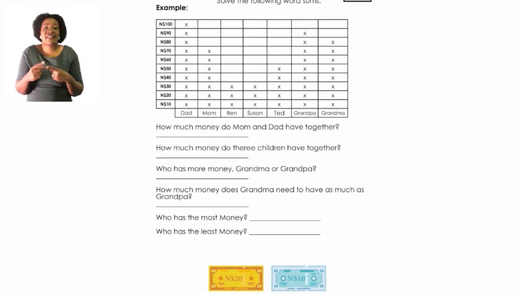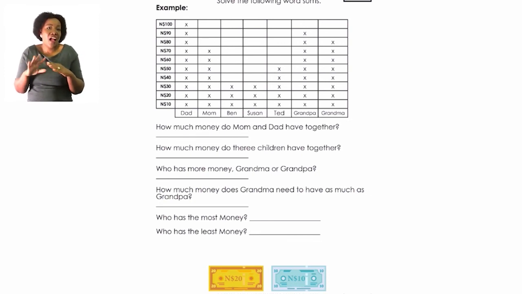We have money on the left side, and at the bottom row there, the people that spend the money. We have Dad, Mom, Ben, Susan, Ted, Grandpa, and Grandma. For example, how much money do you think Dad spent? Then you look up to all the crosses that go all the way up to 100. So it means Dad had 100 Namibian dollars.